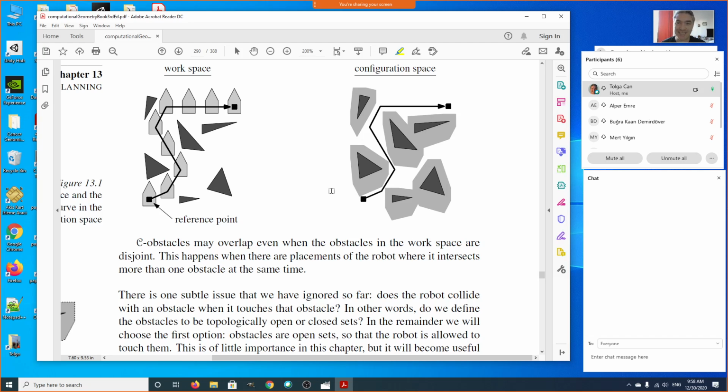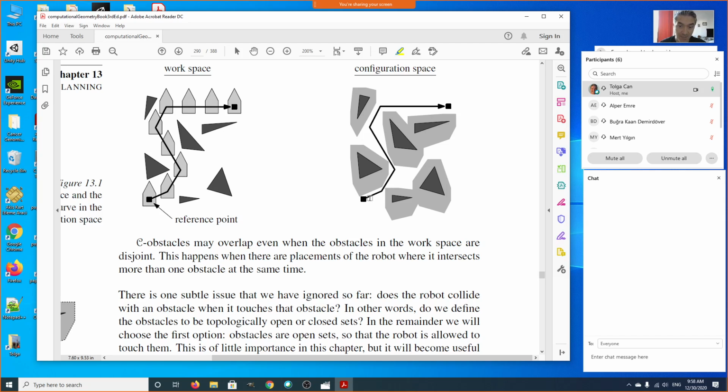When we have a translational robot, the only parameters are tx, ty. Getting from this workspace to configuration space is like changing your robot to a point-like robot, because, due to this reference point, any configuration of your robot for a translational robot can be indicated by just two variables tx, ty.